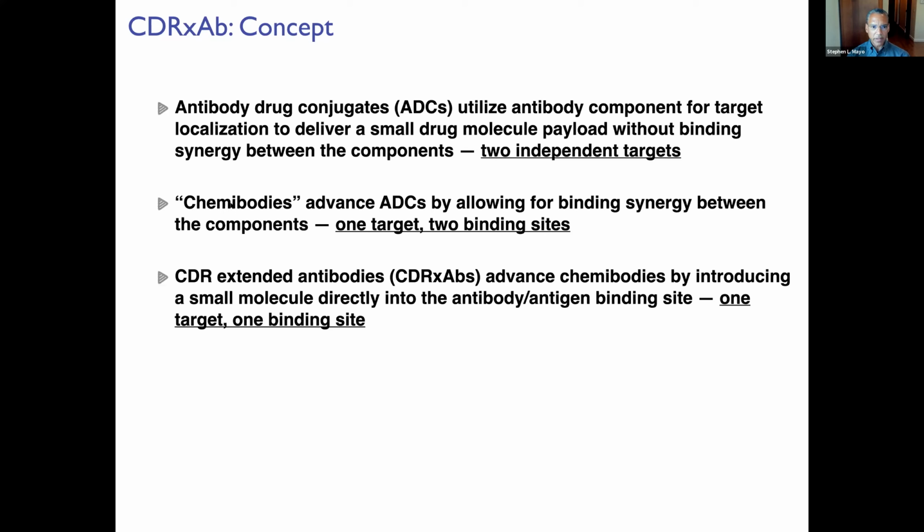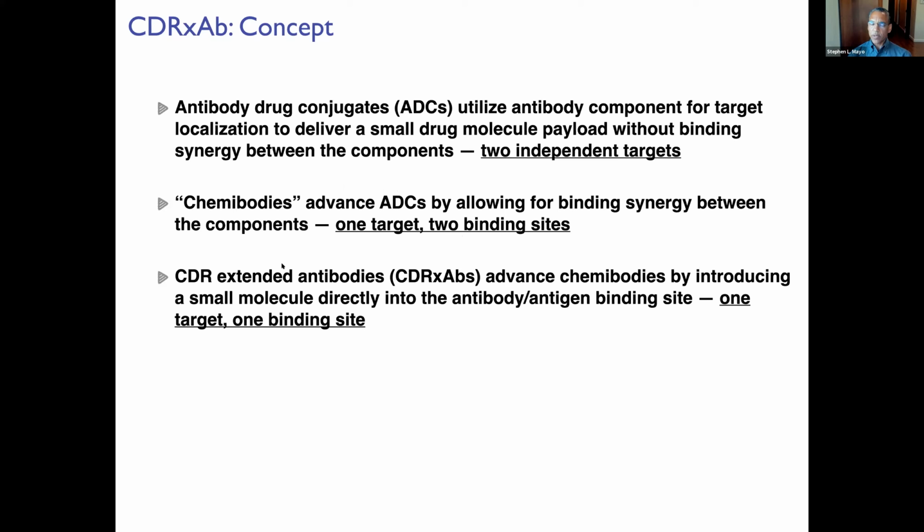Chemibodies, which I'll show a diagram of in a moment, are an advance on ADCs that was developed by Amgen very recently. In this case, there is binding synergy between the components of the system. The antibody binds the target, and the small molecule also binds to the same target. So in a Chemibody system, there's one target and two binding sites.